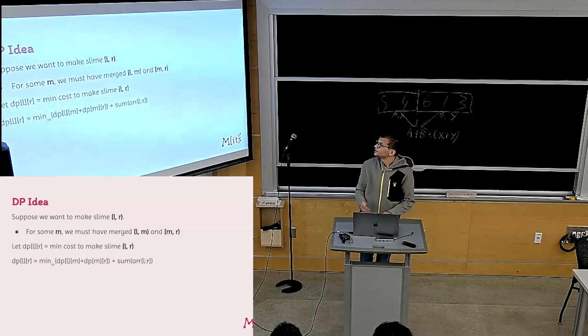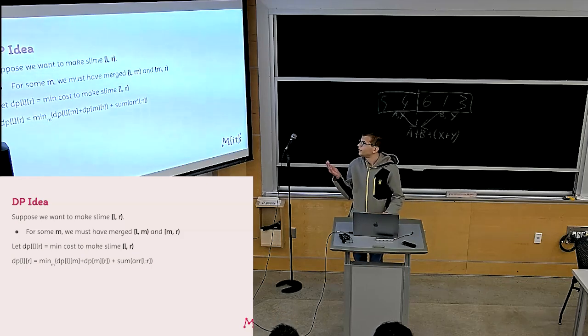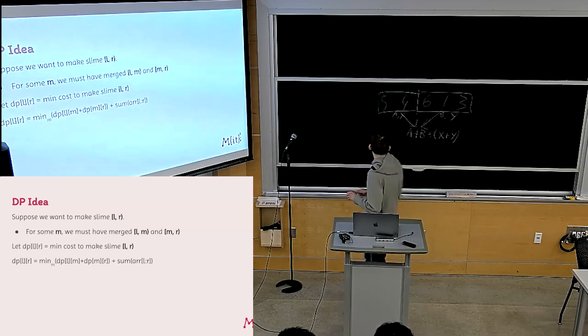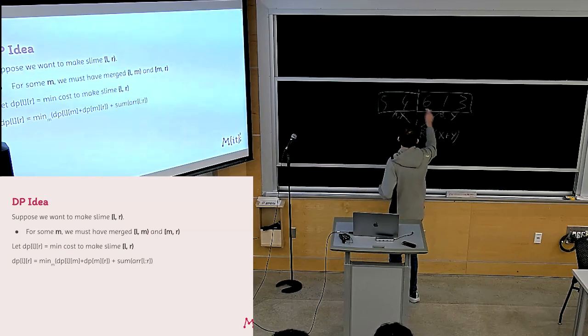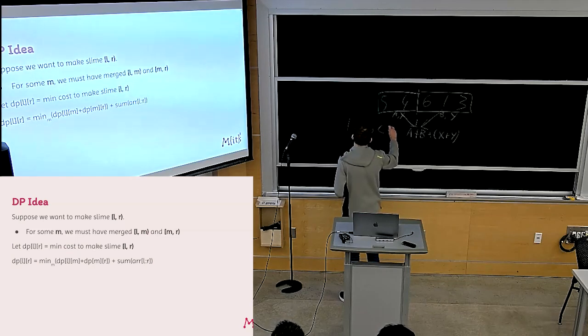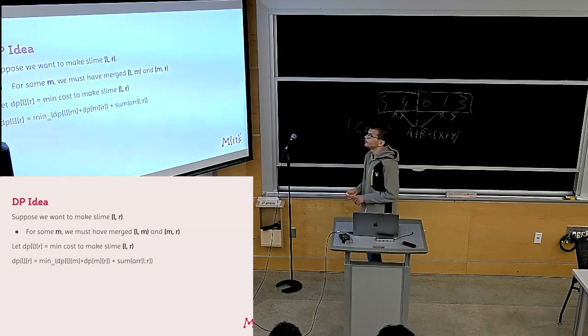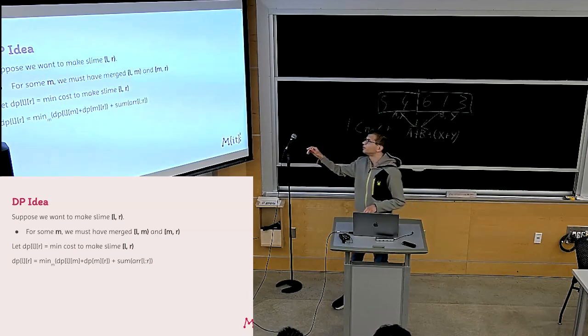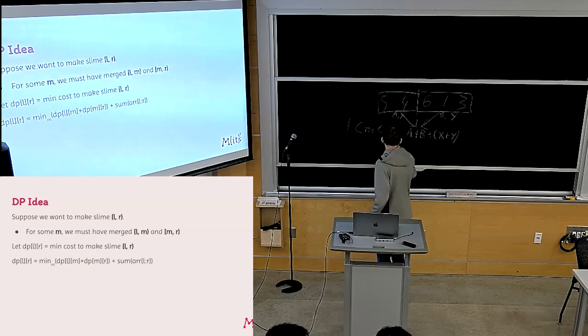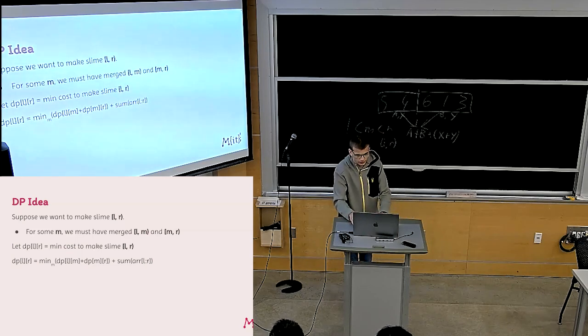So that is in fact exactly the formula I had already written on the slides. dp from L to R is the minimum across all of the different midpoints M, where L is less than M and less than R, of dp[L][M] plus dp[M][R] plus the sum of the array from L to R. Okay.